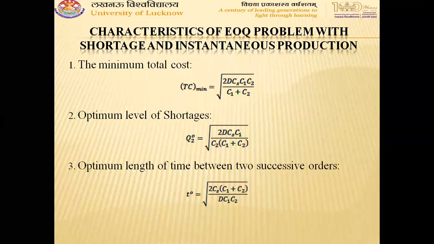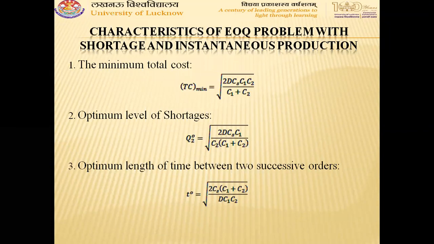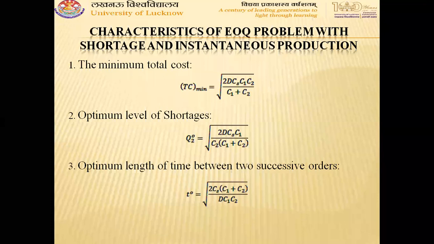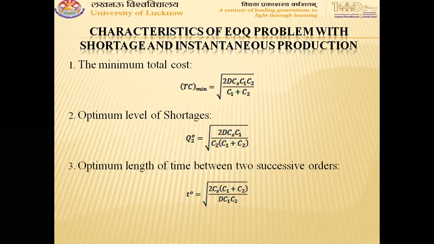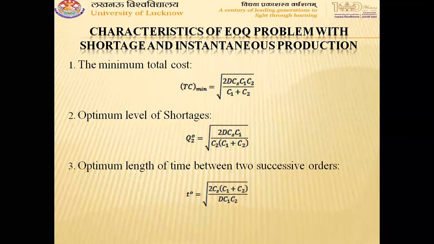And the optimum duration of production, that is T naught, the optimum length of one production run, will come out to be root of 2 CS (C1 plus C2) upon D C1 C2.